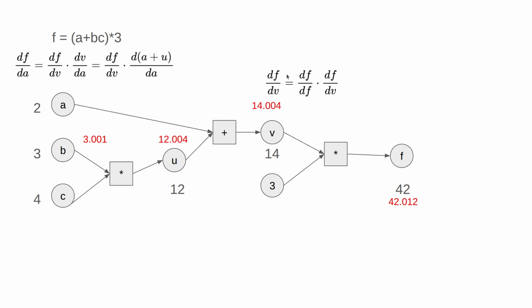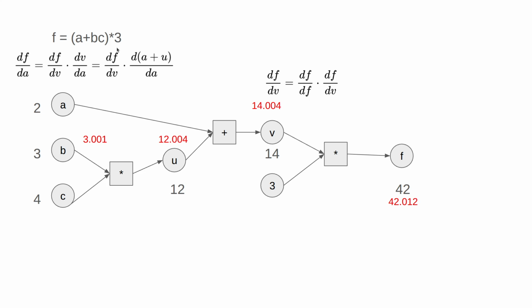Whenever we calculate a gradient, we can cache the result, so that in the future, if other variables need to reuse this gradient, we can use the value without evaluating the gradient again. For df over dv, this is something called the upstream gradient.